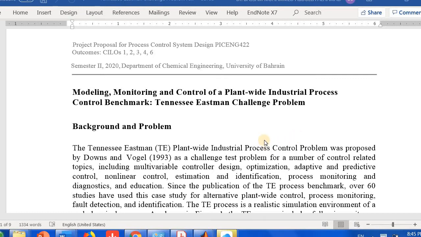So we are going to be talking today about our main design project, and this is part of our process control design project, PICENG422. You're expected to design the control system of a Tennessee Eastman challenge problem.